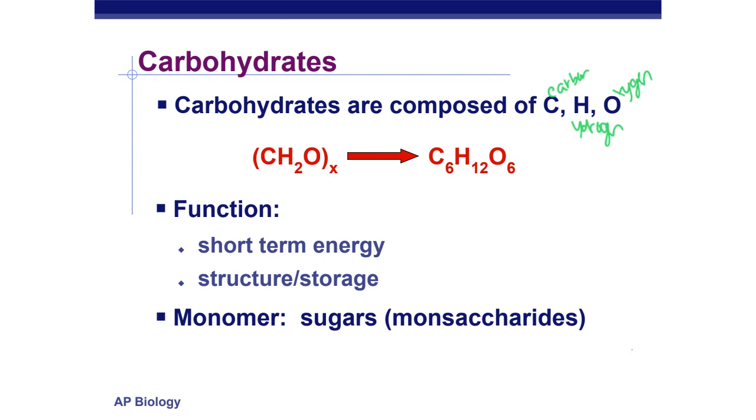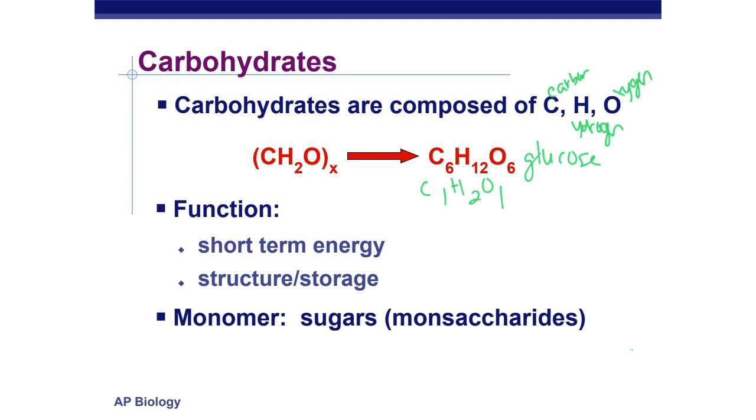You'll see here, this example that I have is glucose, and if I simplify that down, it's 1-to-1 carbon, hydrogen, oxygen. But there's nothing else. So if you see a nitrogen or a phosphate, it can't be a carbohydrate. It can only contain carbon, hydrogen, oxygen.